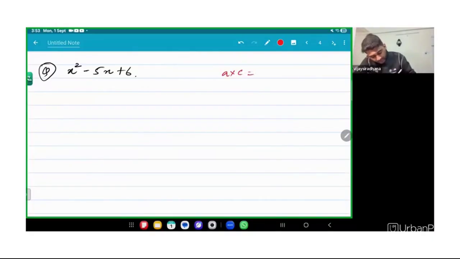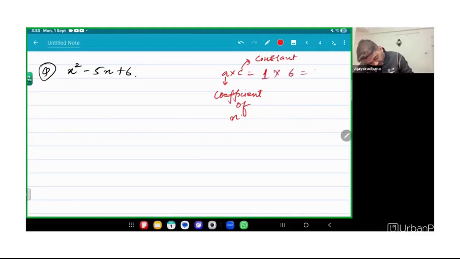Now a is the coefficient of x square, which is 1, and c is the constant, which is 6. So 1 into 6, we are getting 6. Now we should check out the pairs of 6. So what are the factors for this? 1 into 6 you can write, 2 into 3 you can write, and 3 into 2 you can write.